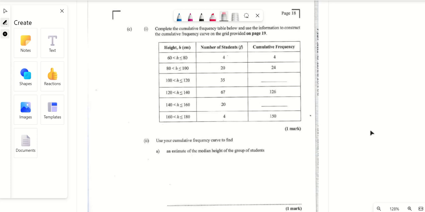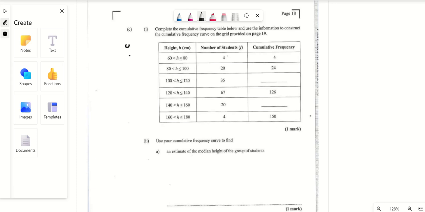So they gave us the cumulative frequency, and remember I was saying when you need to find out your cumulative frequency to get these values, you need your upper class boundary. So basically, to get 4, this would have been 80, which is your highest, plus the lowest in the second part, 80 plus 80 divided by 2.